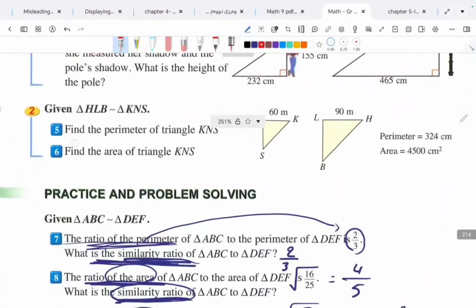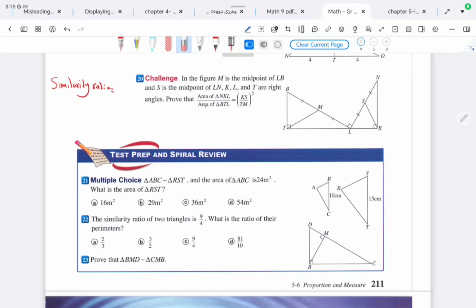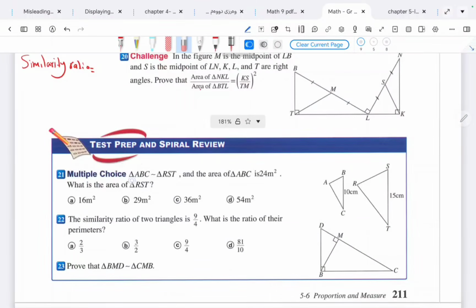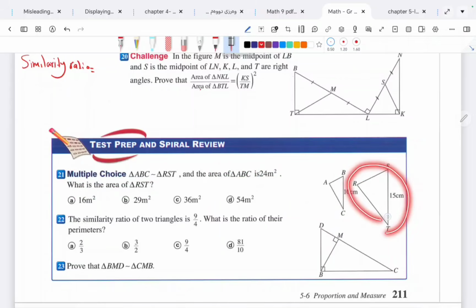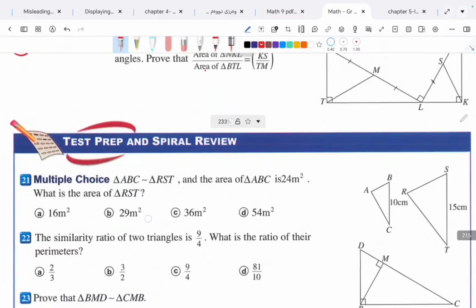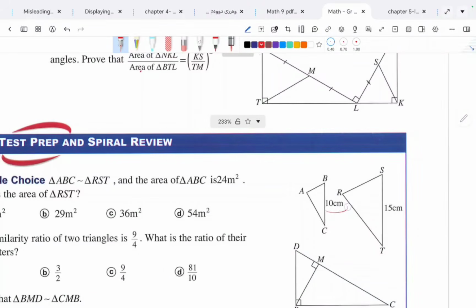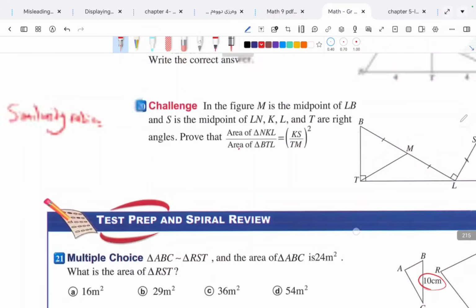Okay, then let's solve the spiral review. Question 21, they say: triangle ABC is similar to RST, and the area of triangle ABC is 24. What's the area of RST, the second triangle? Let's see how to solve it. First, you have to find the similarity ratio, which is 10 out of 15.